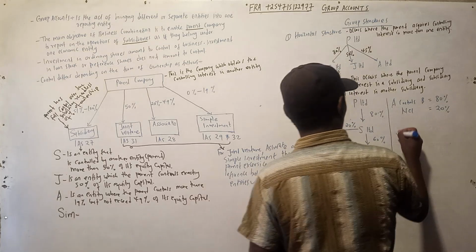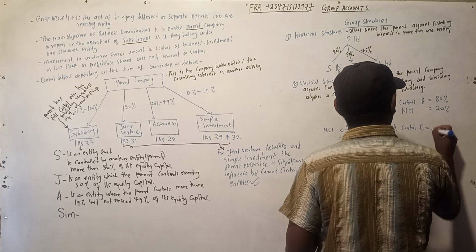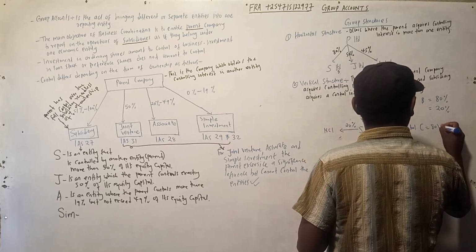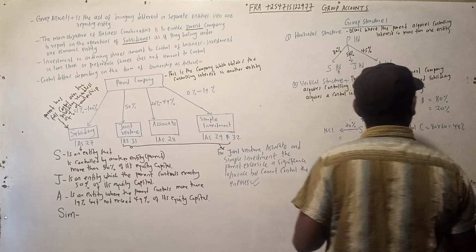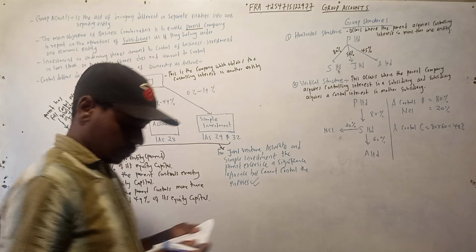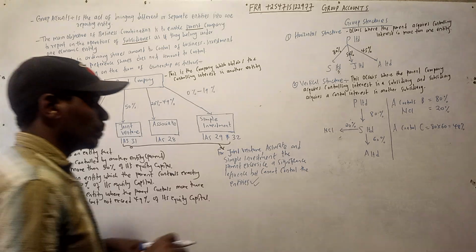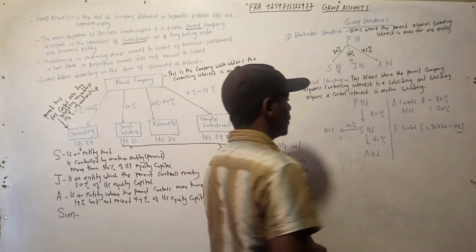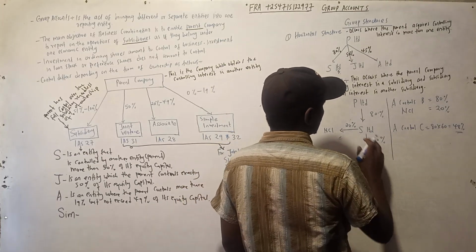Then we have A. How does P control A? It will be 80 times 60, which is 48%. Sorry, what am I saying?